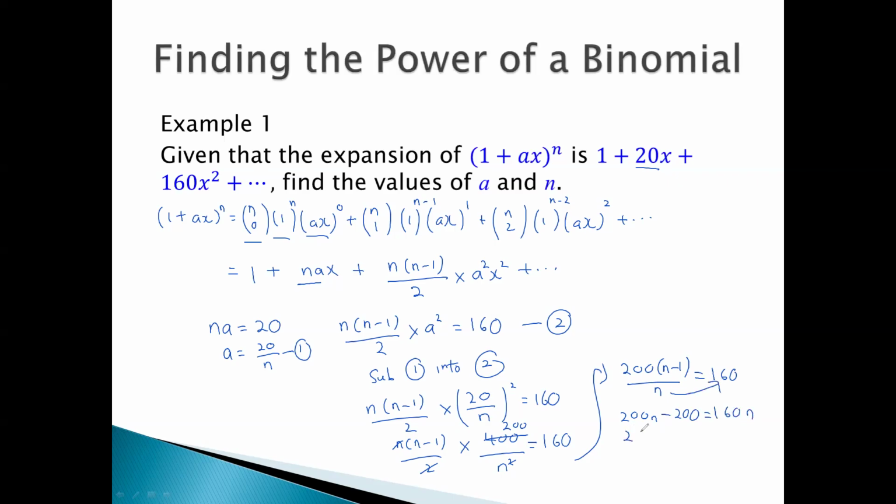If I bring the 160n over and bring the 200 to the right, we get 40n equals 200. n equals 200 divided by 40, which is 5. That's my first answer. Sub n equals 5 into equation 1: a equals 20 over 5 equals 4. And there we go, I found n equals 5 and a equals 4.